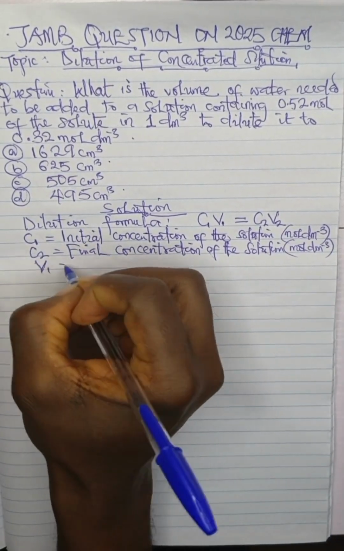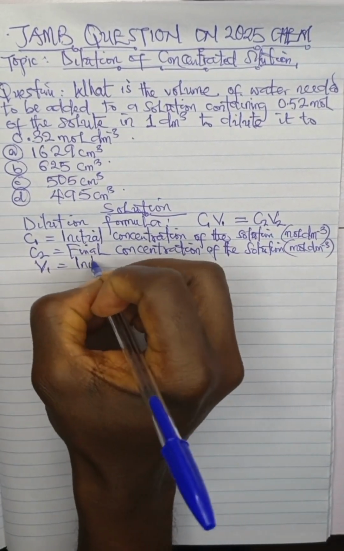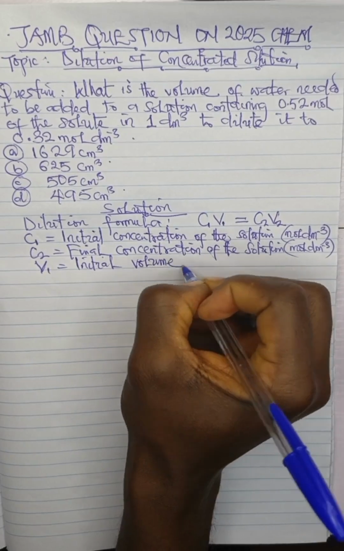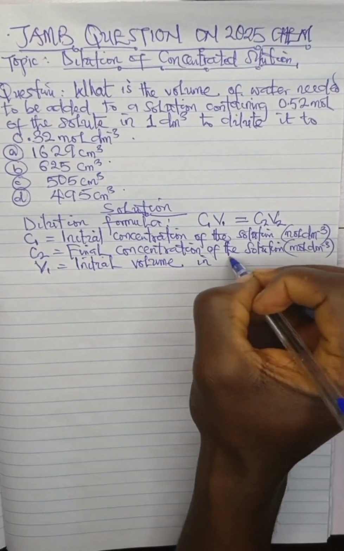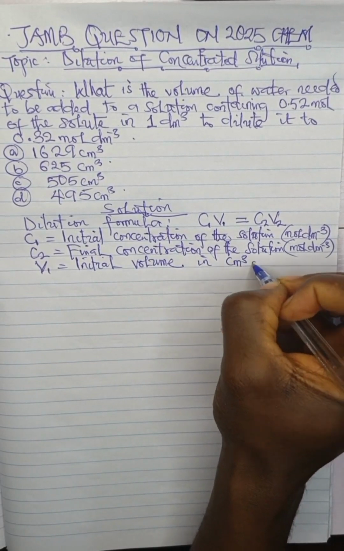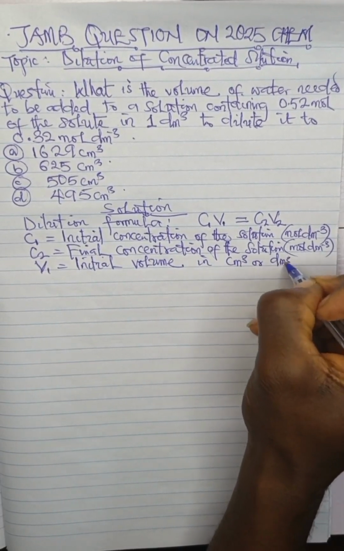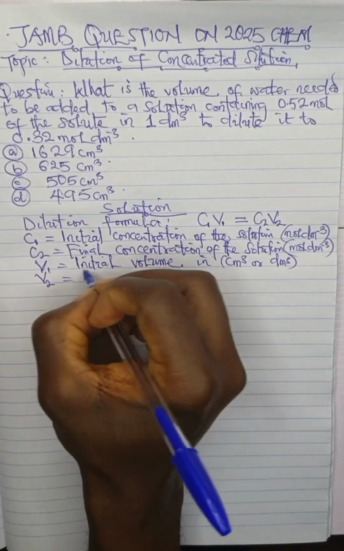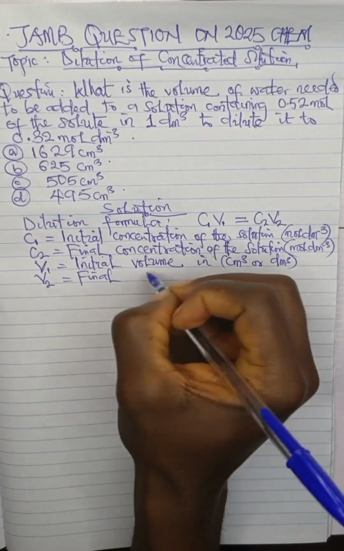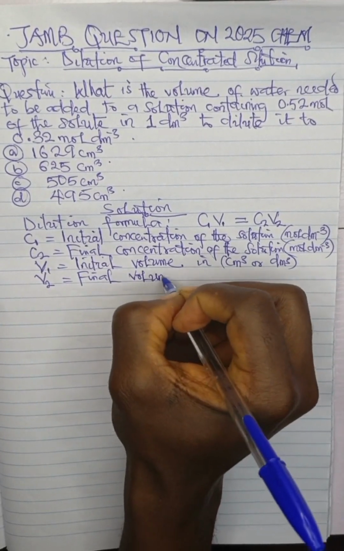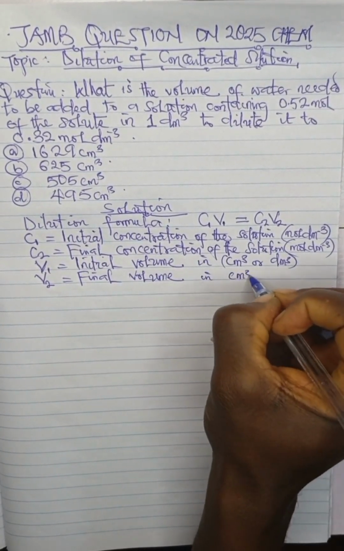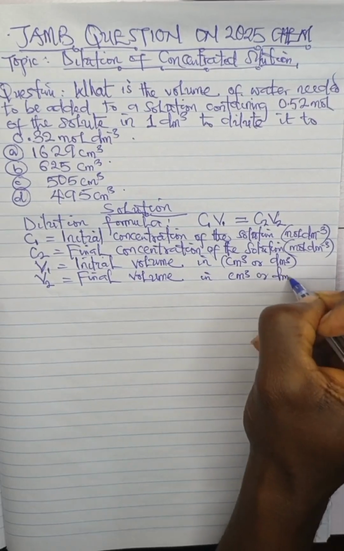Then V1 means initial volume in cm cube or rather dm cube. Then V2 means final volume of the solution in cm cube or rather dm cube.